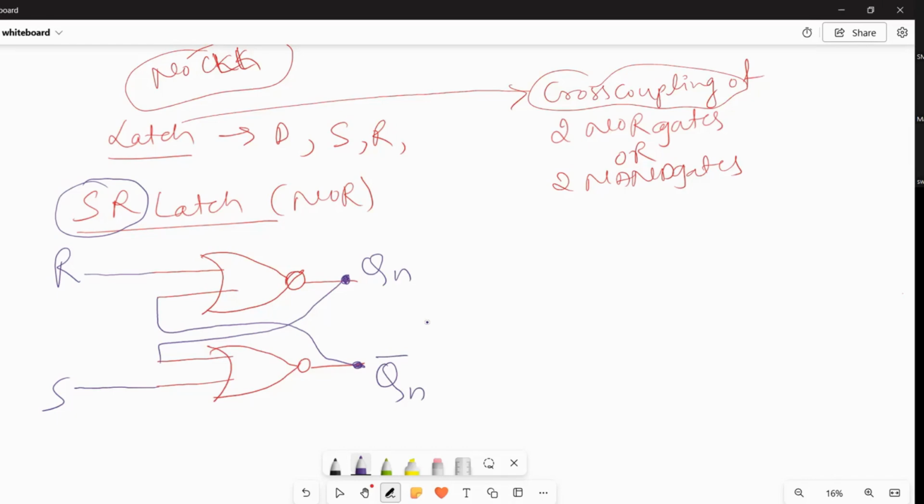This kind of connection is called cross coupling. Cross coupling means the output of one gate is given to an input of the other gate, and this output is given to the other input. Got the meaning?